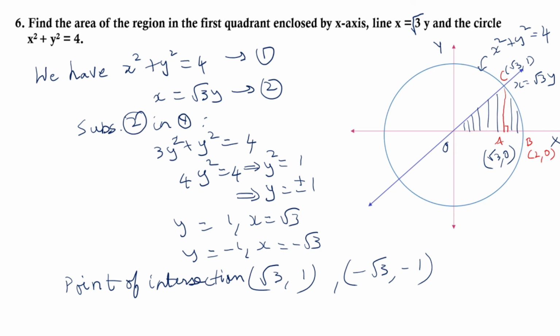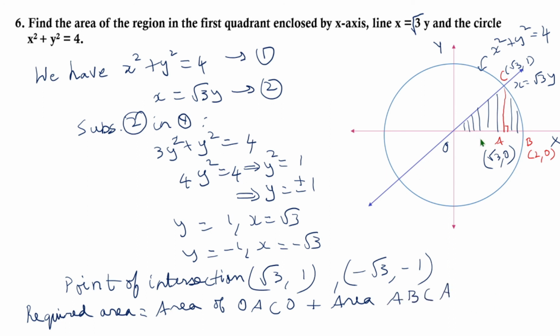So the required area will be area of OACO plus area of ABCA.